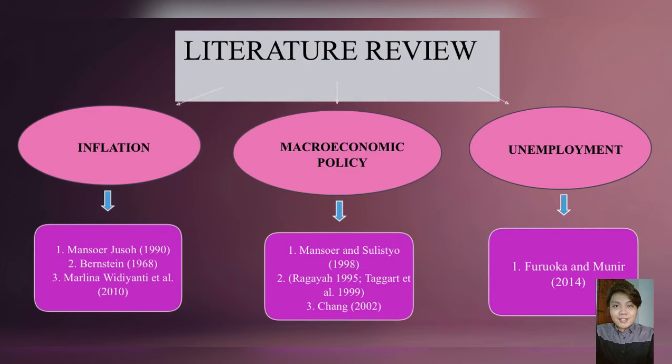Last but not least, Purwoka and Munir 2014 share their views on the relationship between unemployment and inflation using the Phillips curve model, which was created by William Phillips in 1958. There are only a few indicators and contexts in which inflation will trigger unemployment or vice versa, at least in the short term.